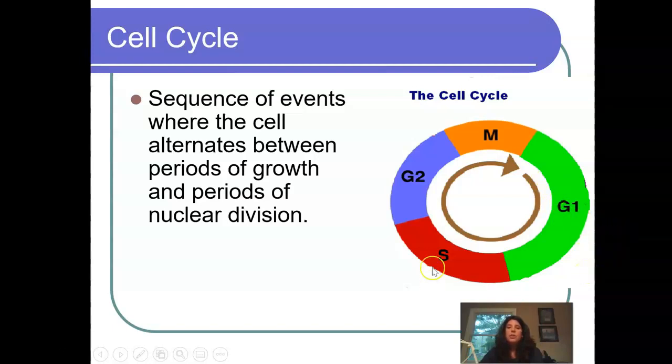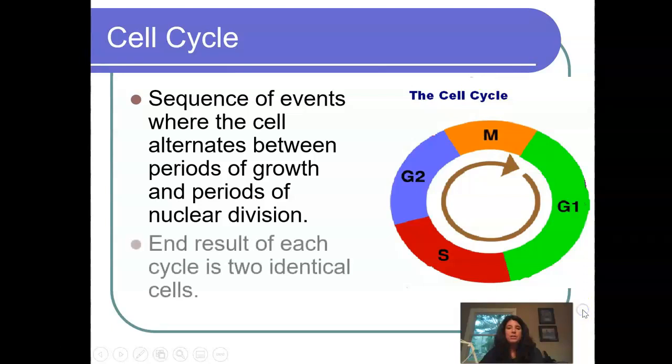There are essentially 4 stages, with the M stage or the mitosis stage being further broken down into sub-stages. The end result of a cell completing a cell cycle is going to be the production of a new identical cell.